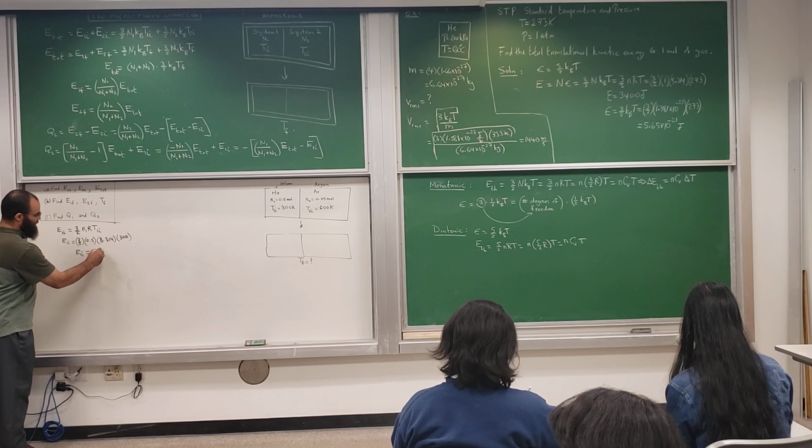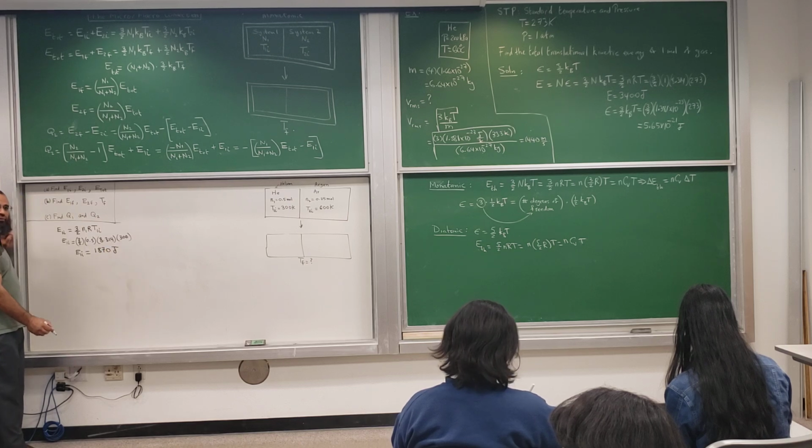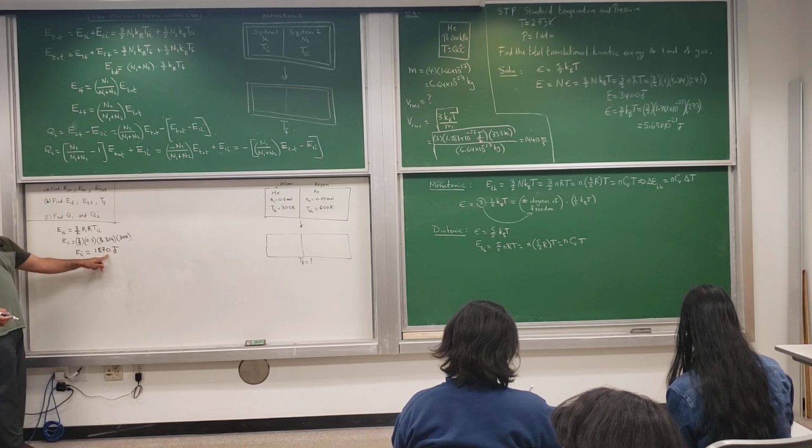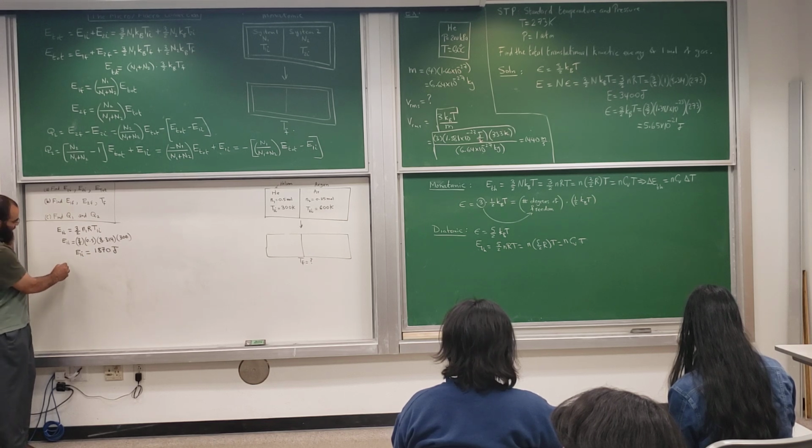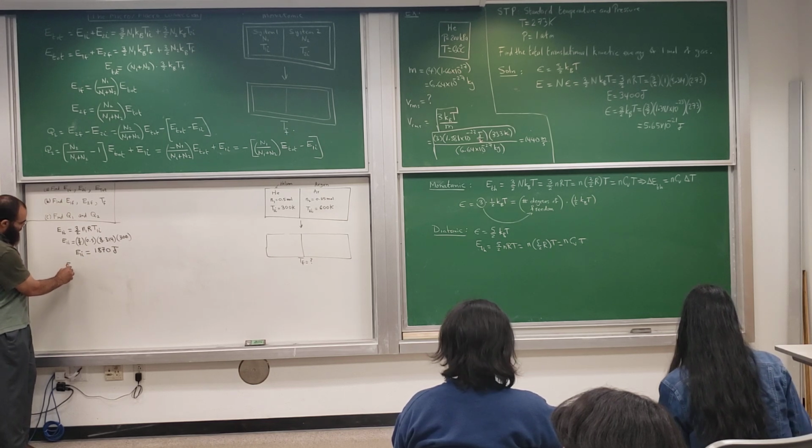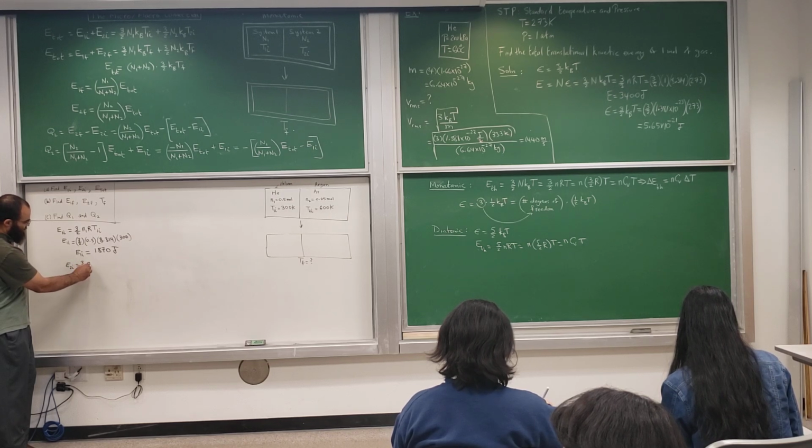Okay, 1,870. Maybe decimals probably, but let's just go on. Let's do E2 initial. It's going to also be 3 halves N2 times R times T2 initial.